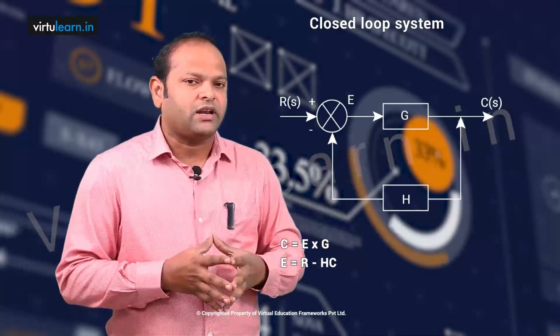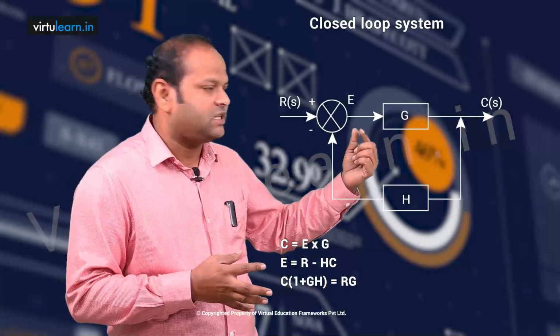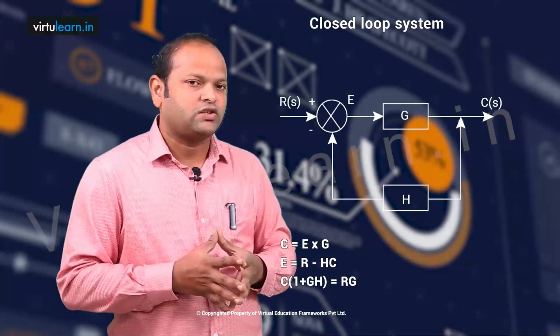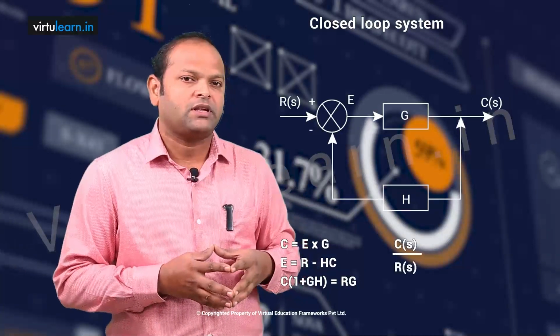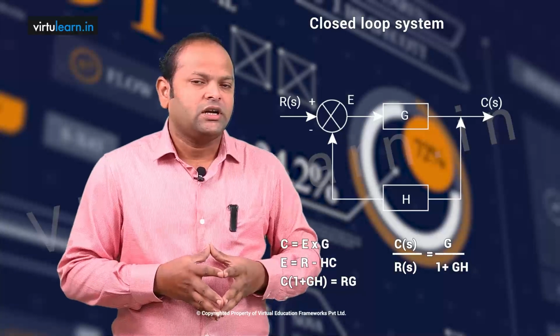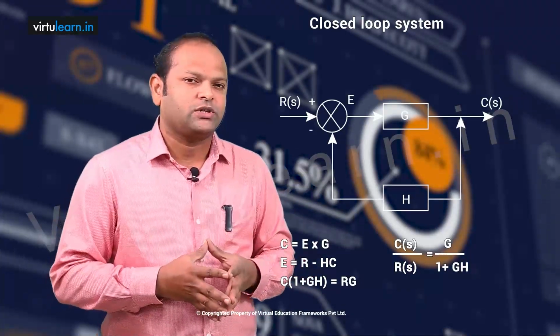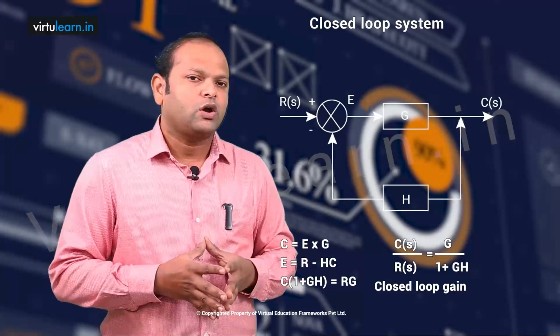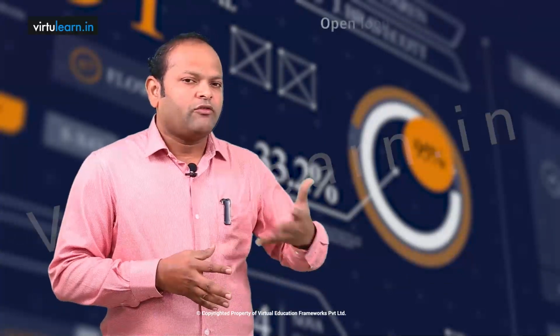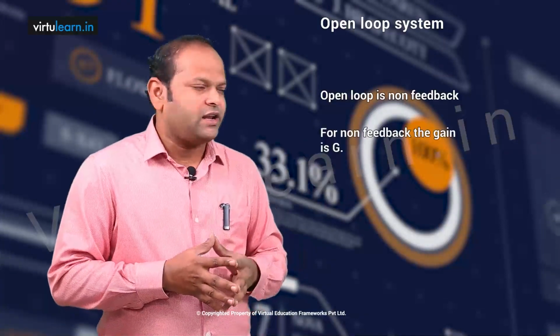Then we can find out the relation. C into (1 plus GH) is equal to RG. I can find out the transfer function C of S by R of S, or simply C by R, as G by 1 plus GH. So G by 1 plus GH is the transfer function of closed loop system, or the gain of the closed loop system. Now what will be the open loop? So open loop is non-feedback. For non-feedback, the gain is G.